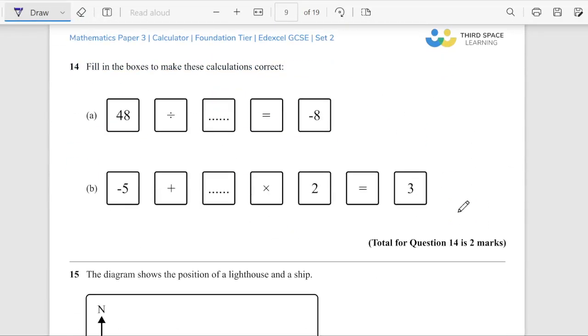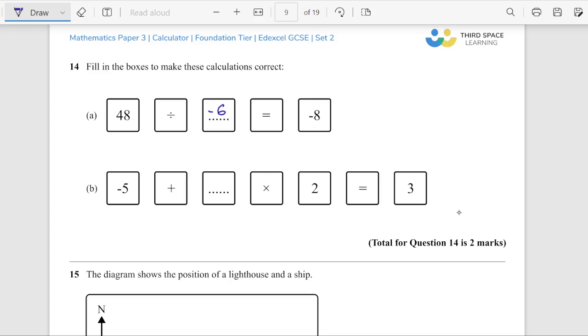Right, question 14. Fill in the box to make the calculations true. 48 divided by what will give you minus 8? Well, we could kind of rearrange, but 48 divided by 6 is going to give you 8, so it's got to be minus 6 there. And then for the second one, we need to do this multiplication first before we really look at it.